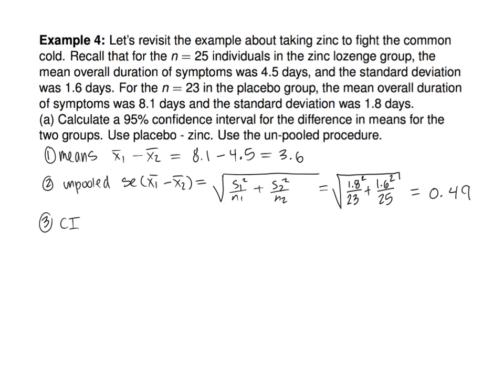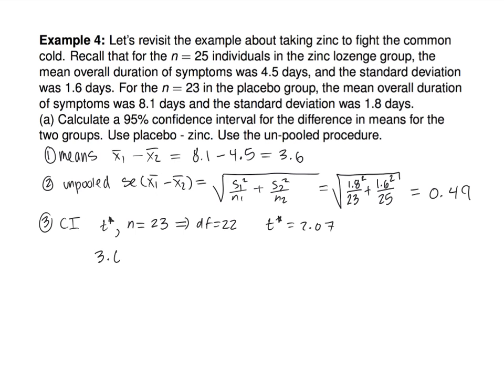We do need the t star, don't we? So for t star, we look at n equal to 23, which implies our degrees of freedom is 22. That gives 2.07, so t star equals 2.07.